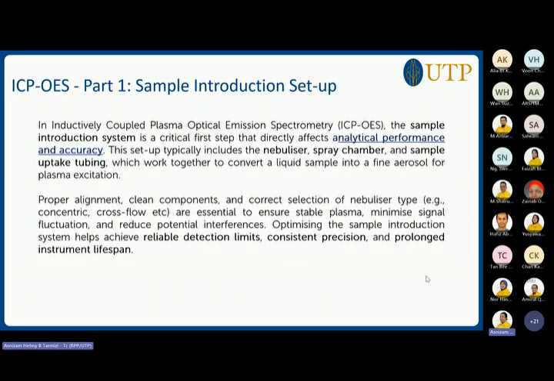Proper alignment, clean components, and correct selection of nebulizer type, for example, concentration, flow, and so on, are needed to ensure the stable plasma, minimal signal fluctuation, and reduce potential interference.